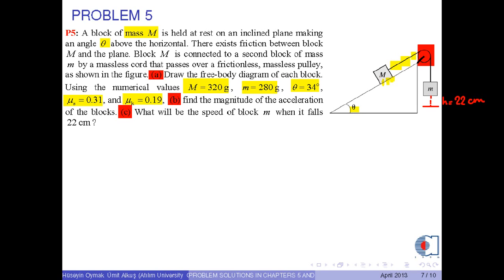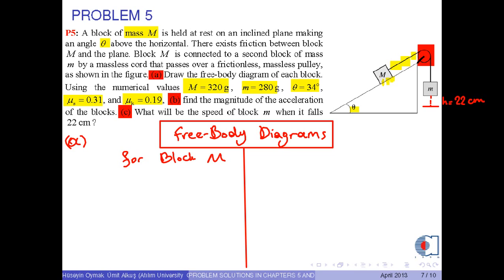In part A, we draw free body diagrams. For mass M, we represent it by a point. Then the inclined plane and inclination angle theta are drawn. The gravitational force is a downward force and its magnitude is M times the acceleration vector g.